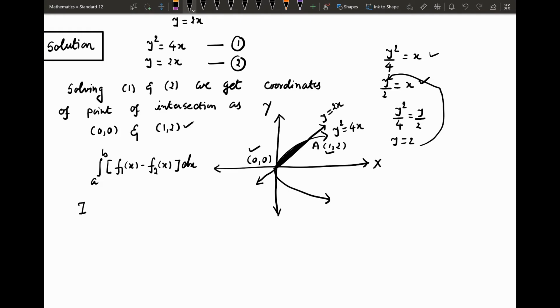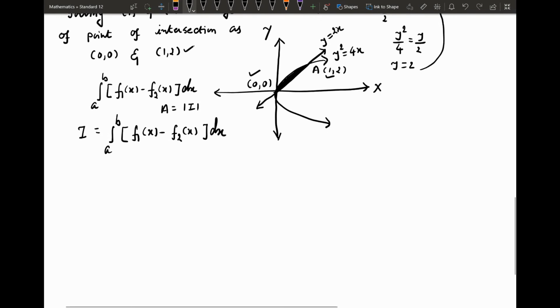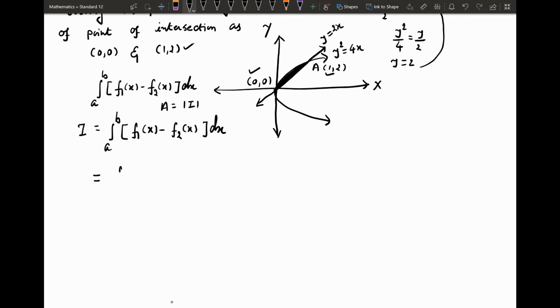So the area equals the modulus of the integral from A to B of f1(x) minus f2(x) dx. So the limit will be 0 to 1.